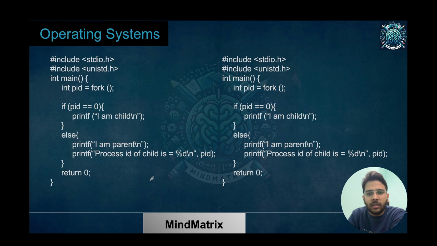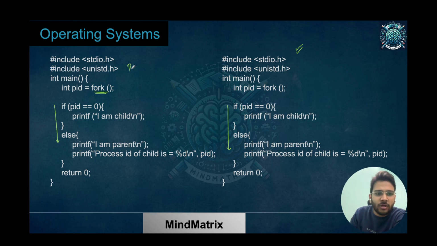Clear? Now I have shown you with the example also. As soon as you call the fork system call, an exact copy is created, right? And after this fork statement, everything will be executed by both the child and parent process.